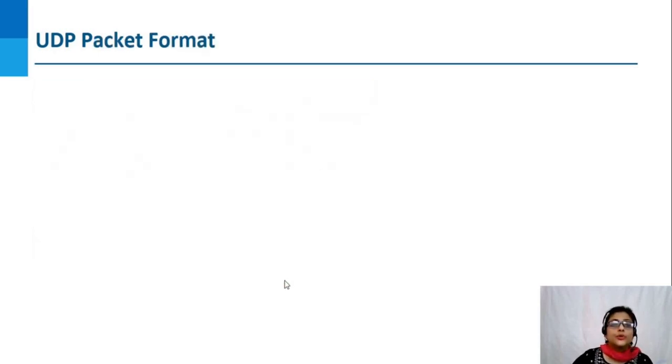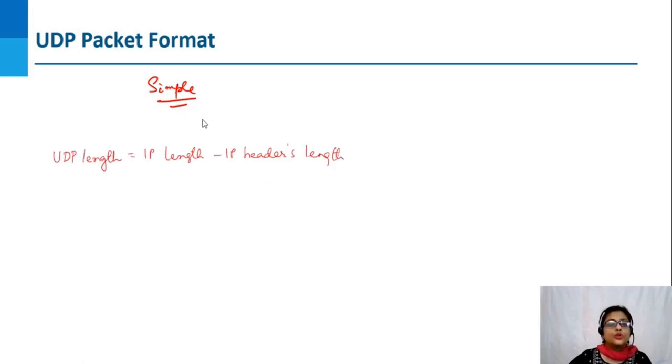Now let's look at the UDP packet format. UDP packet format is very simple in nature. The total UDP length is given as the IP length minus the IP header length because UDP is encapsulated in IP with the IP header.